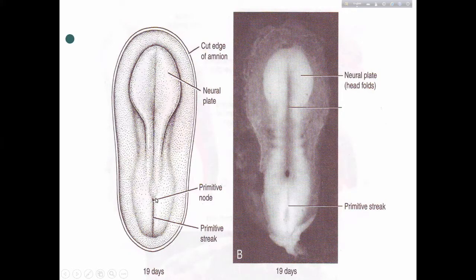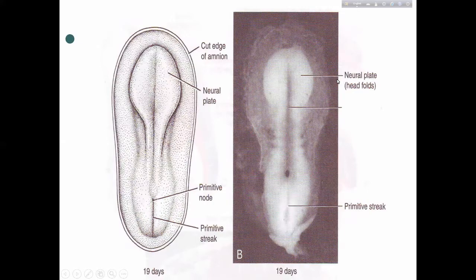Our primitive streak and primitive node are here. This is the real embryo at 19 days. So we can see that underneath is the notochord, and here the ectoderm has been thickened to form a plate. We call it the neural plate.